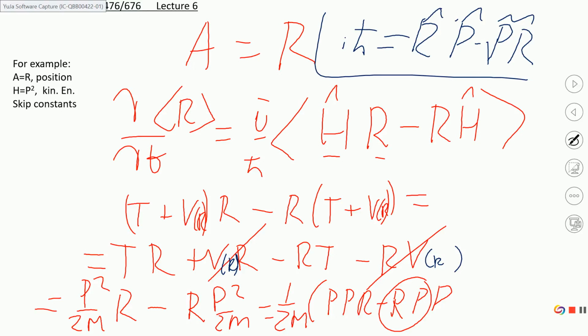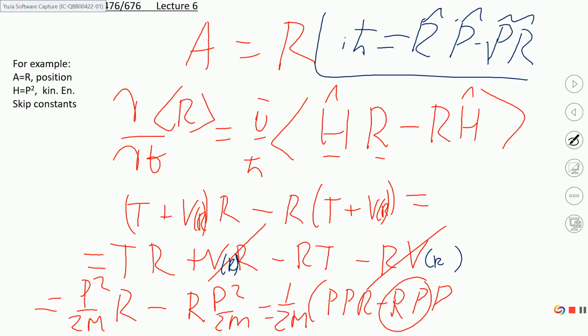Instead of 0, it will be equal to Planck constant. So swapping the order of P and R gives this constant. And it is another basic of quantum theory.